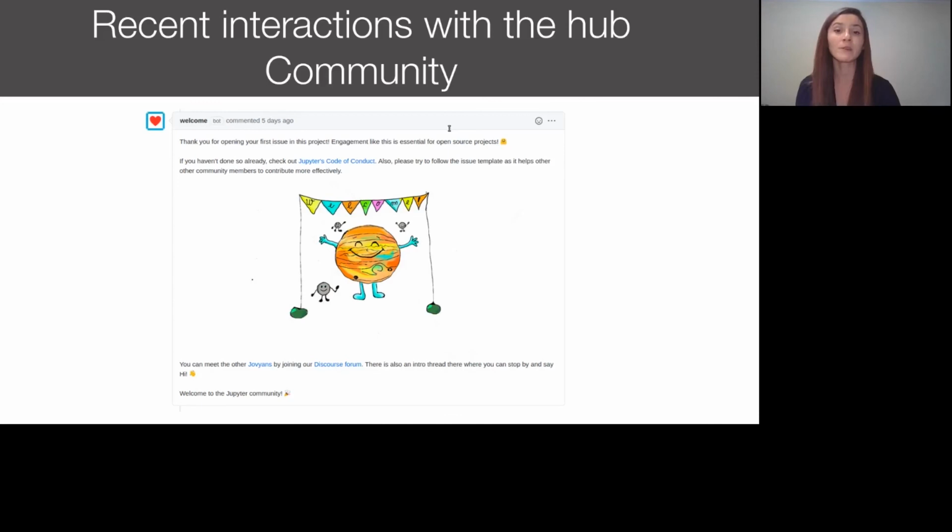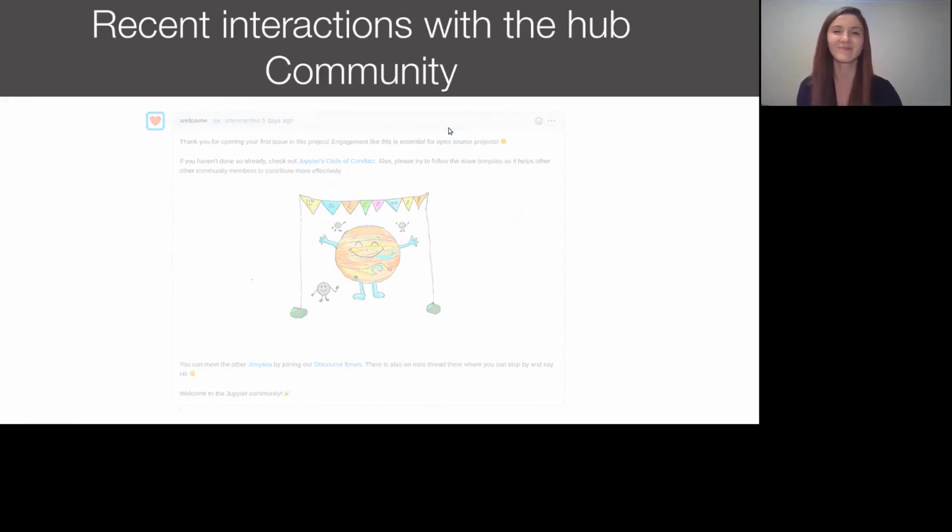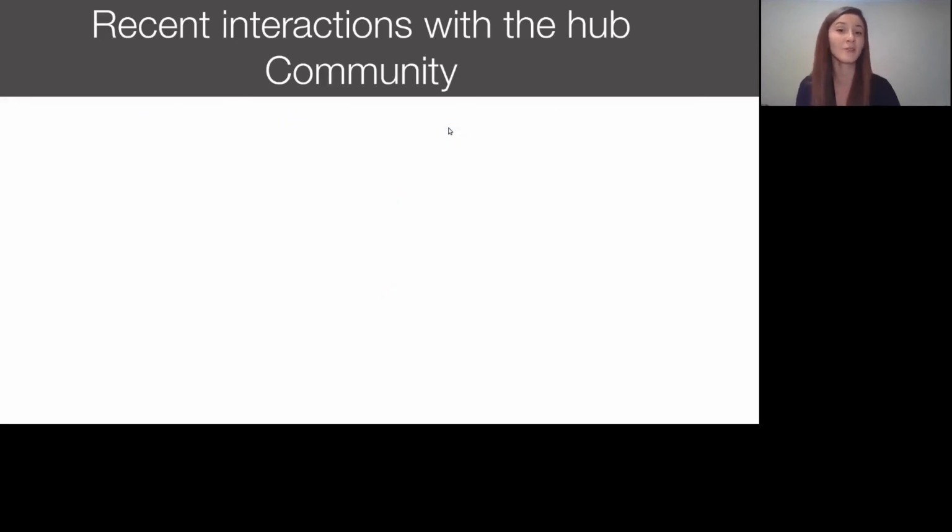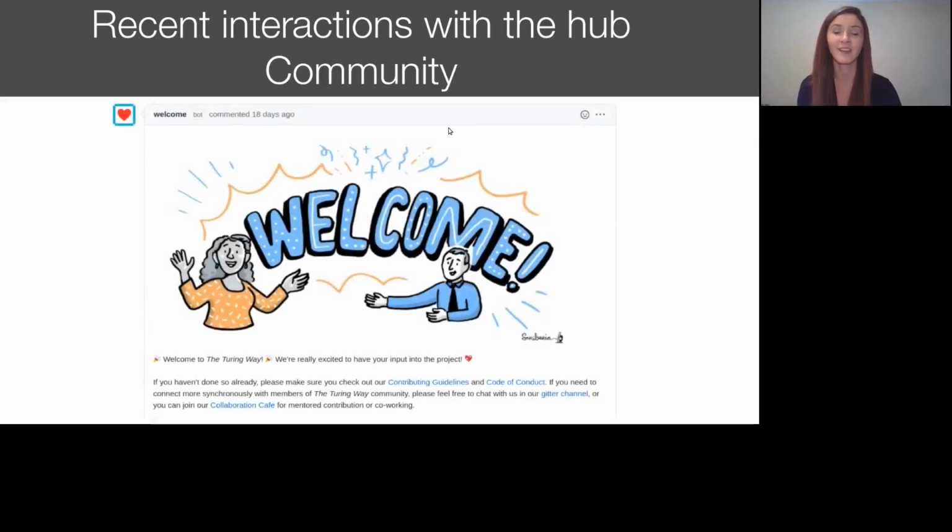The entire purpose of this bot is to share the Jupyter love and appreciation to all of the new contributors out there that were able to volunteer their time into making these projects better for everyone. So if you met the bot already, I hope you liked it. Drawing an illustration for the bot was inspired by the Turing Way and their great Scriberia illustrations. So thank you for being an inspiration.